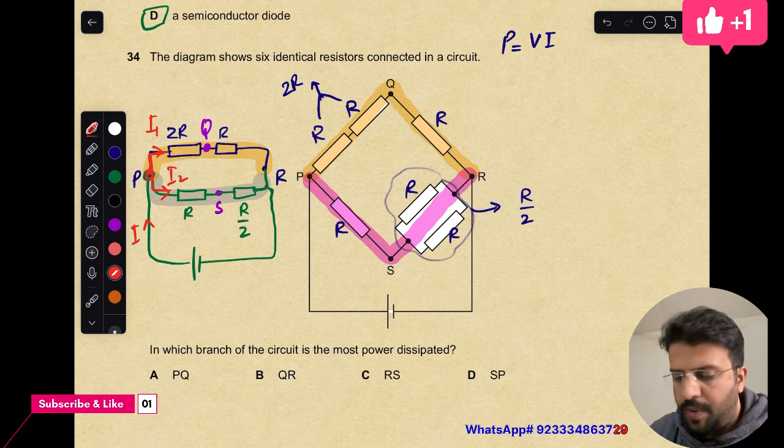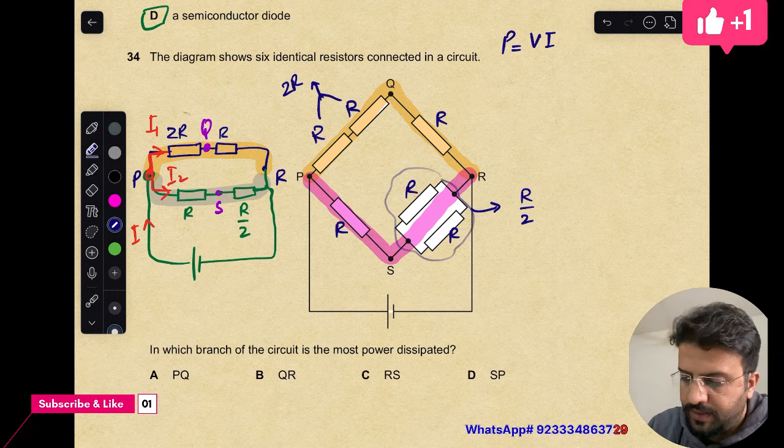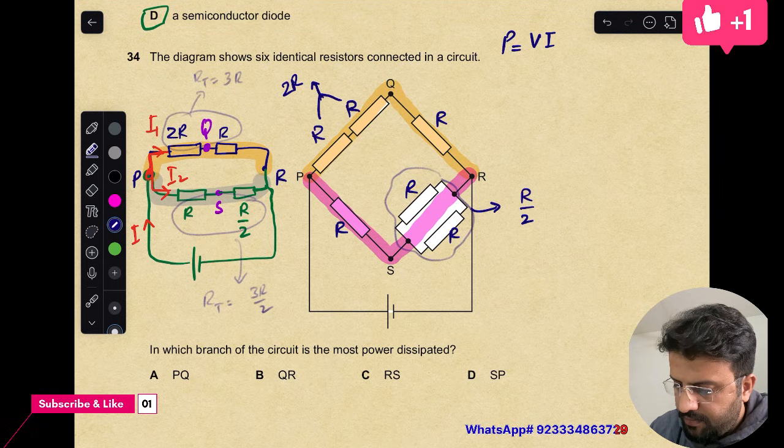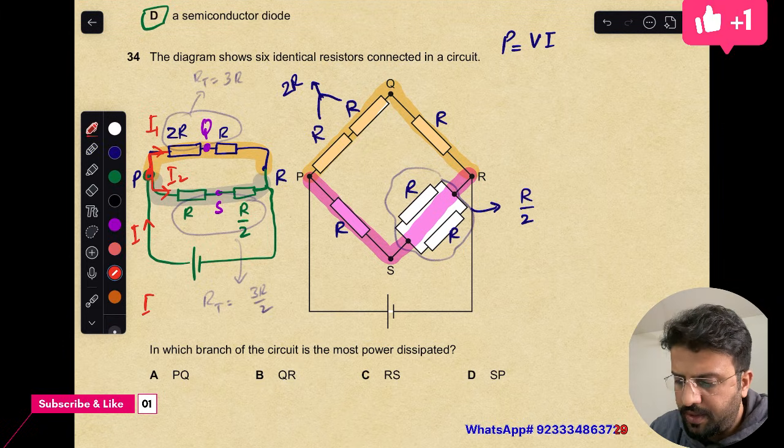The current will go more where the resistance is less. So this total resistance, if you see, is 3R, and this total resistance is 3R by 2. So there will be more current.